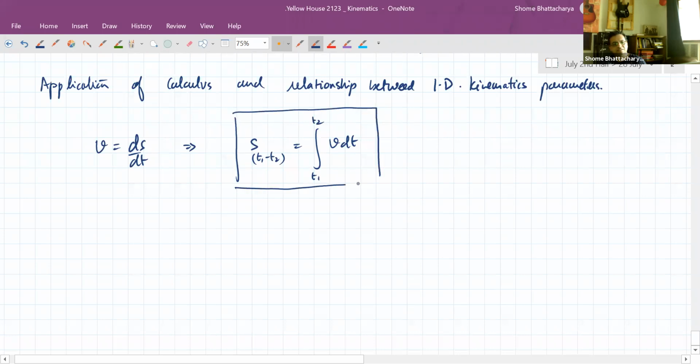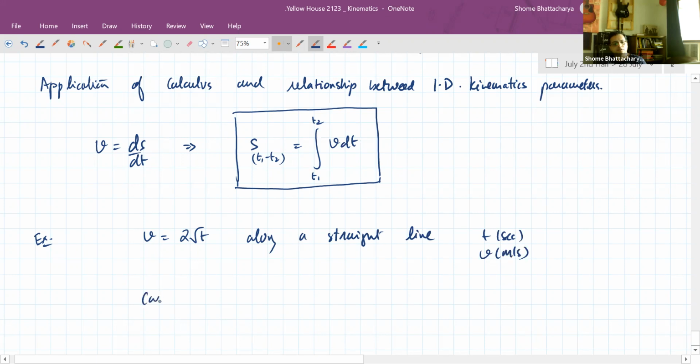So this second statement which I boxed, it is like the inverse of the first statement. If one quantity is derivative of the other, then the other is the antiderivative, or in a specific interval, it will become the definite integration from this to this. Okay. So for example, if I have this equation where velocity is, let's say, 2 root t along a straight line, where t is in seconds, velocity is in meters per second.